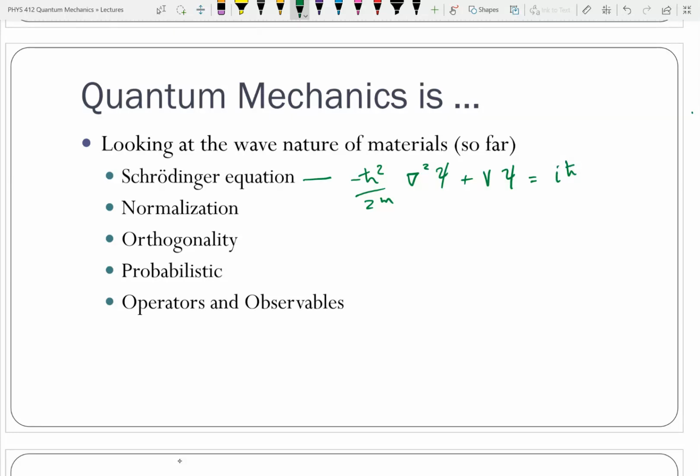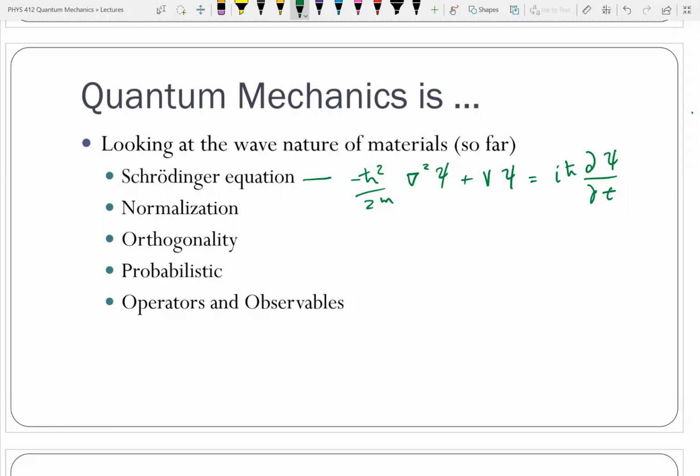I don't remember if it's got a plus or minus i on the right-hand side, because we never write it this way. So we have our time-dependent Schrodinger equation, and this is simply based on an energy balance. Somehow, I think it's a minus on the right-hand side. I don't remember.